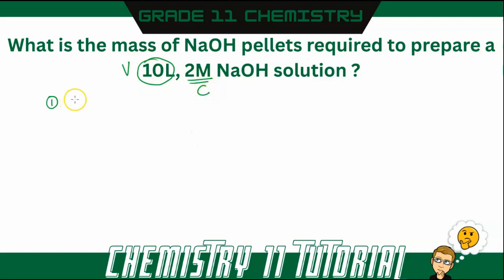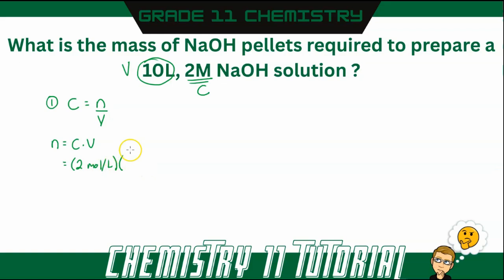But what we can do is use our molar concentration formula, where concentration equals moles per volume, and rearrange that to calculate how many moles of that sodium hydroxide solute we actually want to dissolve in water. So it'll be concentration times volume. Our concentration is 2 molar, but remember a molar is equivalent to moles per liter.